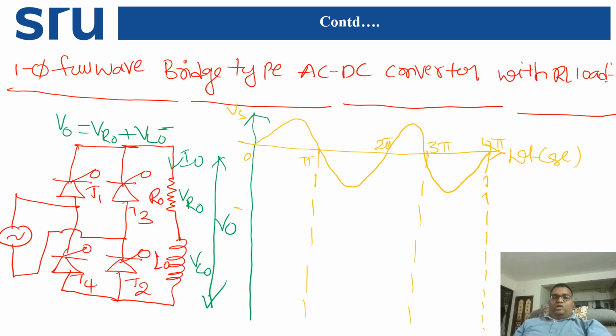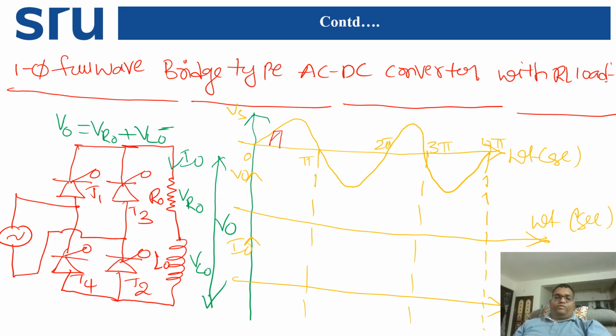Now we will draw the output voltage. Here output voltage and output current are exactly different, so I am going to draw omega t in seconds. This is I naught and this is V naught. Now we will take the pulses: this is the pulse for the positive half cycle, this one is the negative half cycle pulse, and similarly again a positive half cycle pulse and a negative cycle pulse.